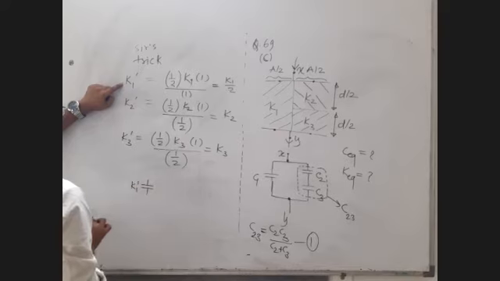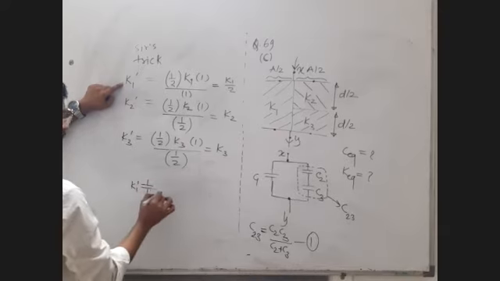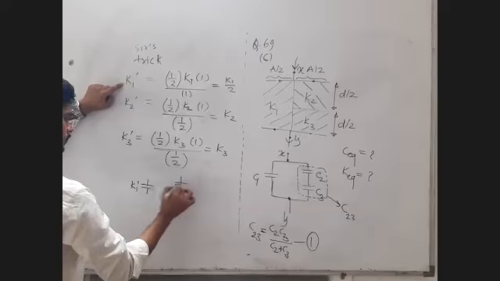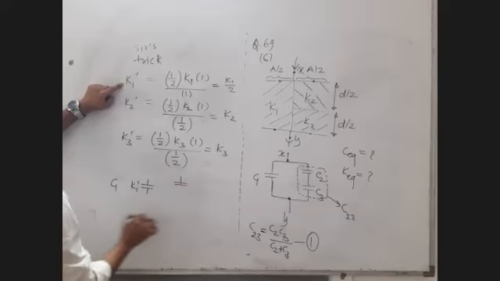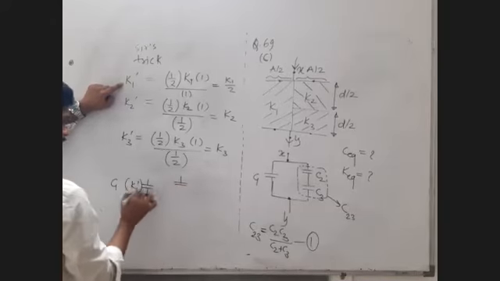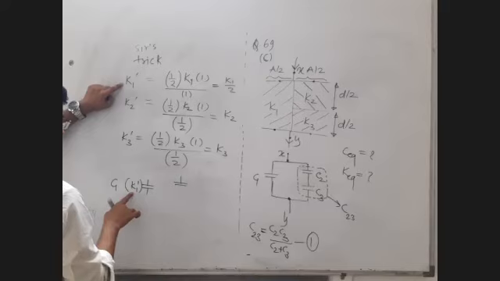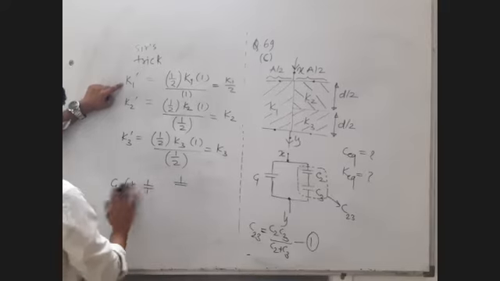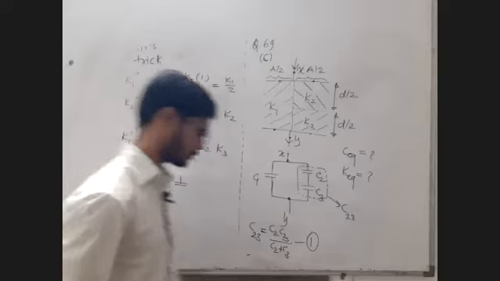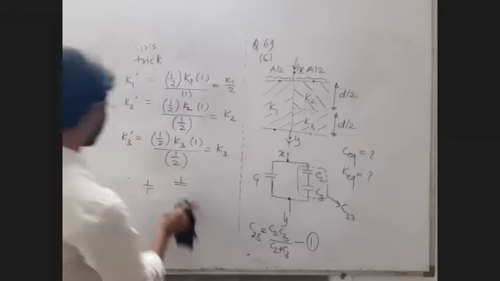K1 dash. Of course you can write here C1, but effective dielectric constant. Let's not write it like that. Let's not draw the symbol of capacitor.